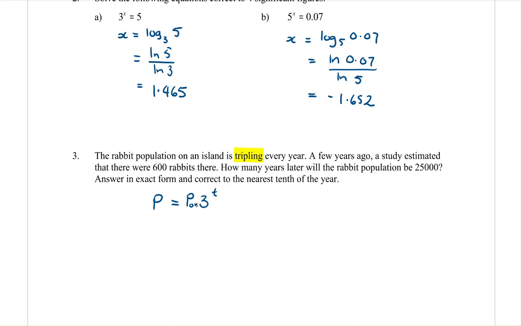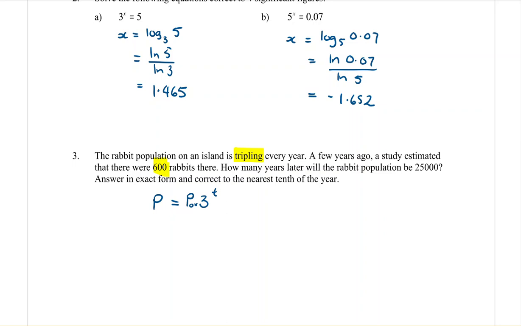You could use a completely separate letter if you wanted to. That is not the important part, as long as you understand that that pronumeral that I'm using in there represents the initial population of the rabbits. So in the question, it says, a study estimated that a few years ago there were 600 rabbits. That's my starting number, the 600 rabbits, and it's going to grow to the 25,000.